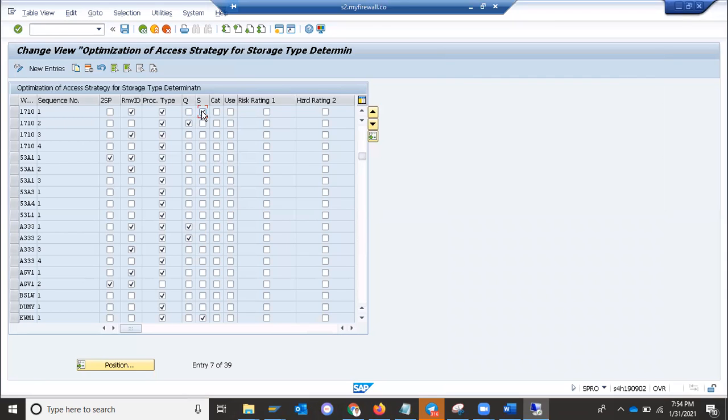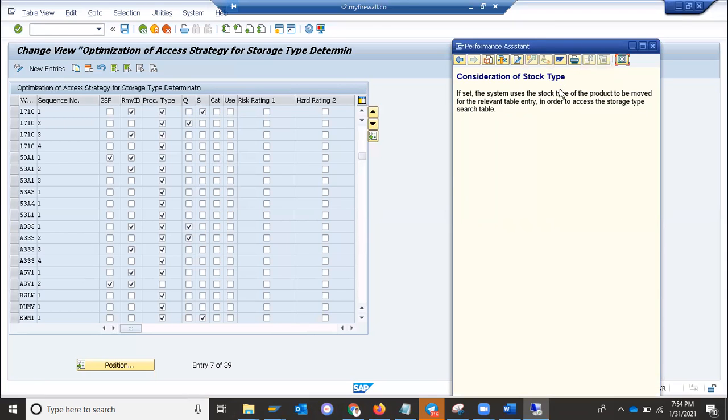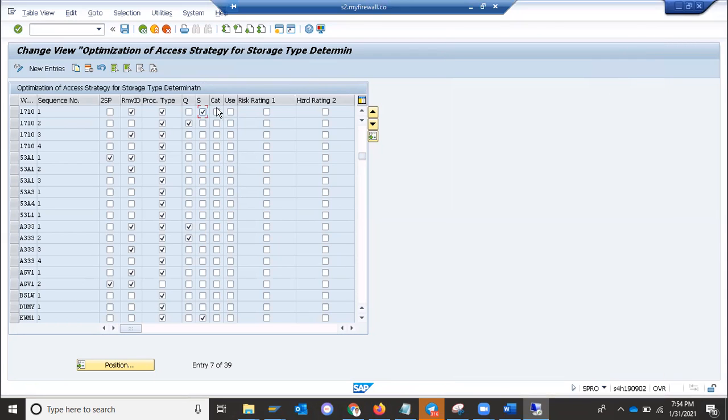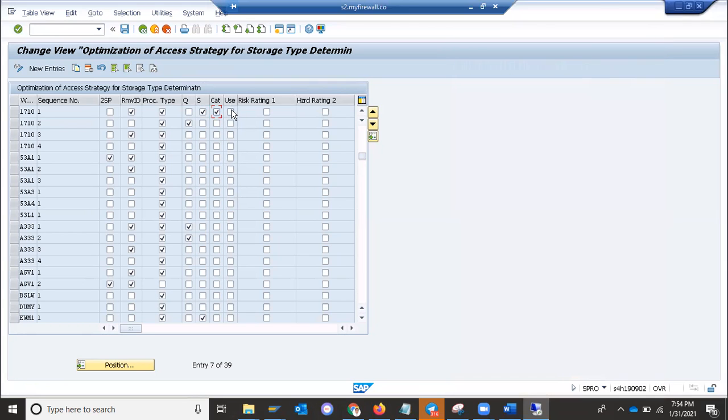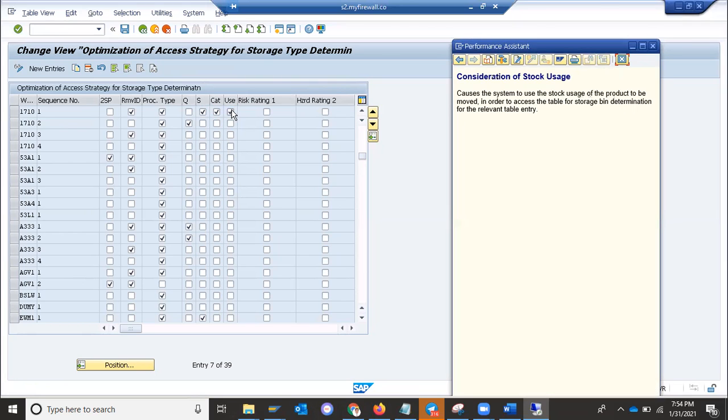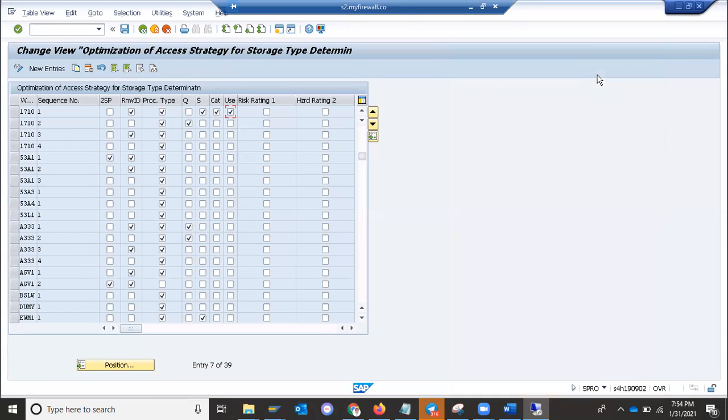We can have S. S stands for some stock type consideration like F1, F2, Q1, Q2, Q3. Okay. We have based on the some category. What is the category? Stock category. So stock category based on the some specific product, specific category we can have, right? Based on the some usability, stock uses also.